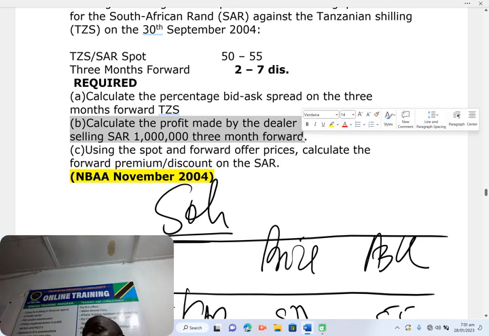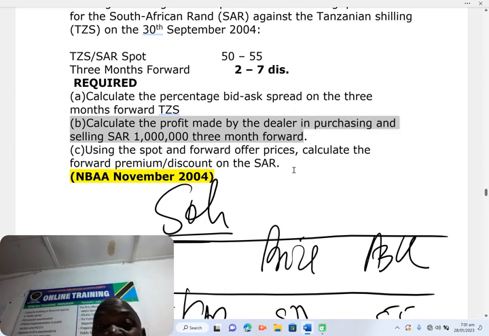Part C. Compute. He's saying compute. Sorry, part B. Compute the what?